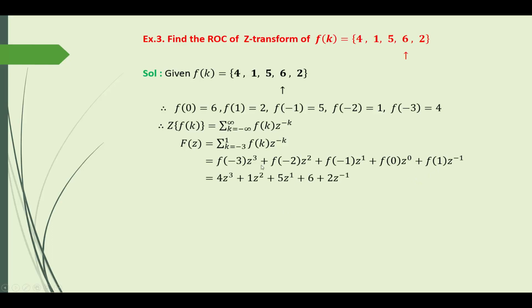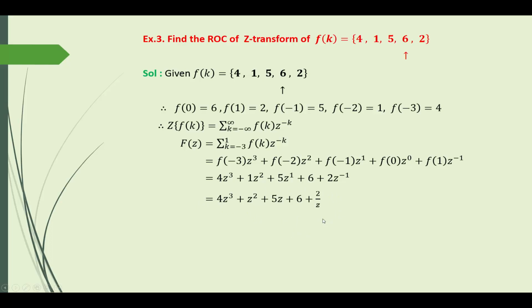So we get 4z cube plus 1z square plus 5z raised to 1 plus 6, f of 0 is 6 into 1 is 6, plus f of 1 is 2 into z raised to minus 1. So we get 4z cube plus z square plus 5z plus 6 plus 2 upon z.